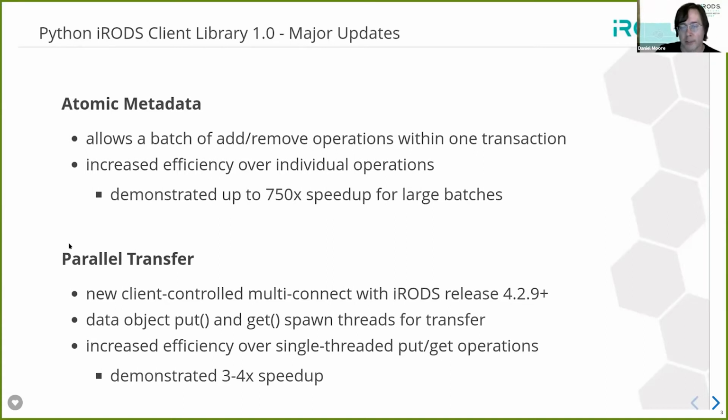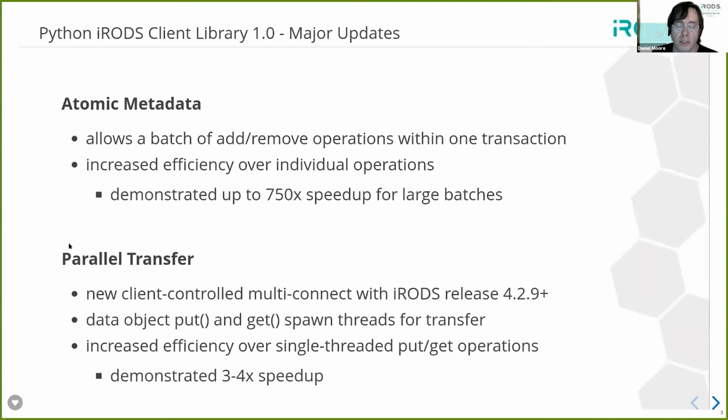So the good thing about this is that you don't need to learn any new calls. In 4.2.9, if you're operating with the iRODS server 4.2.9 and 1.0 of the Python client, the put and get calls should spawn the necessary number of threads to get the increased throughput.